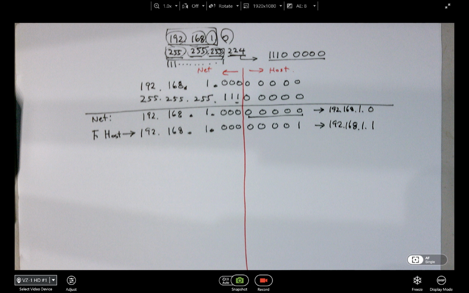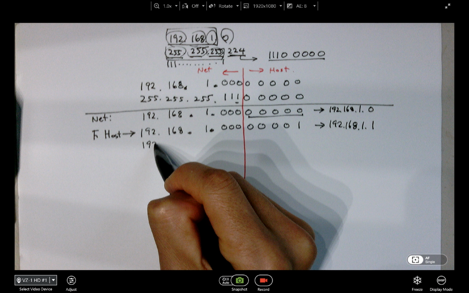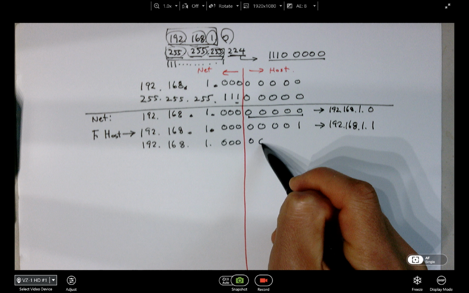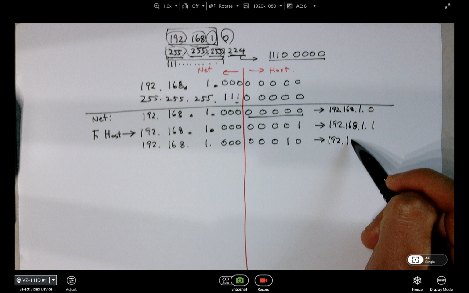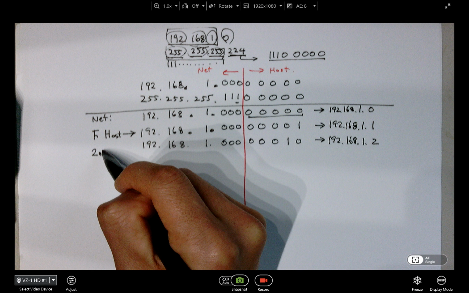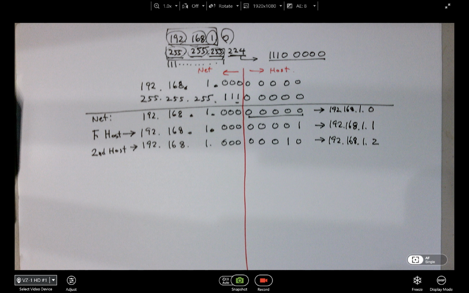First usable host IP address. And obviously my next one is 192.168.1.00010, which is 192.168.1.2. So this is my second host IP address.